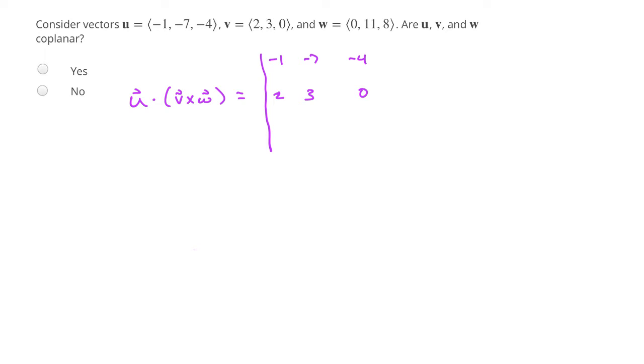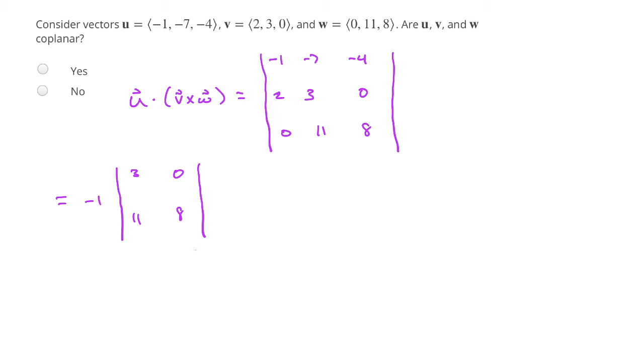And finally, our third row will be w, or 0, 11, and 8. Computing this, our first entry in our first row is -1 times the 2 by 2 determinant we have when we get rid of the first row and first column. So we have 3, 0, 11, and 8.